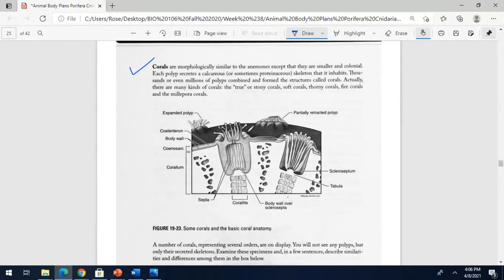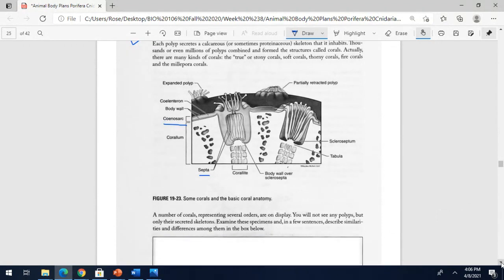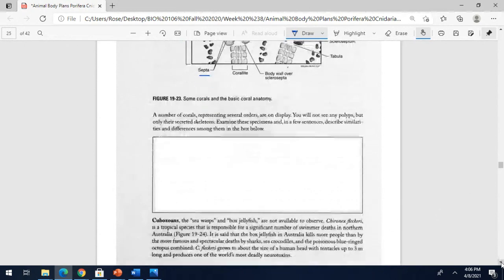Here it's expanded. And the coenosarc, which we talked about: one feeds and everybody feeds. You have the septa, which increase the surface area. The corallite is the leftover skeletal structure where the corals would have been residing.